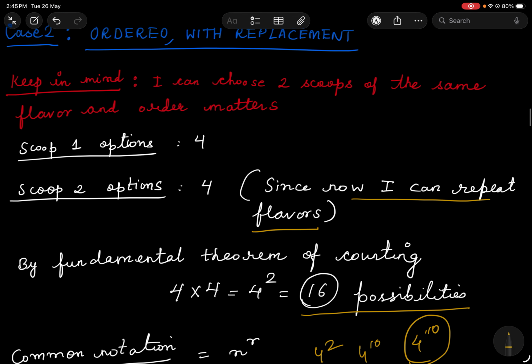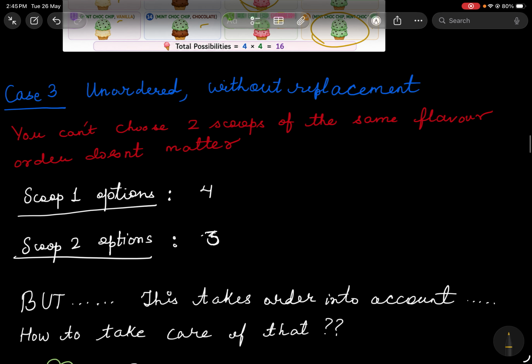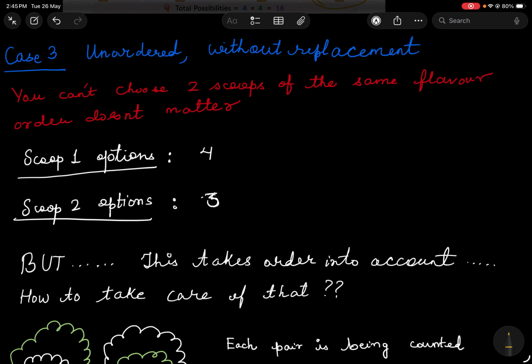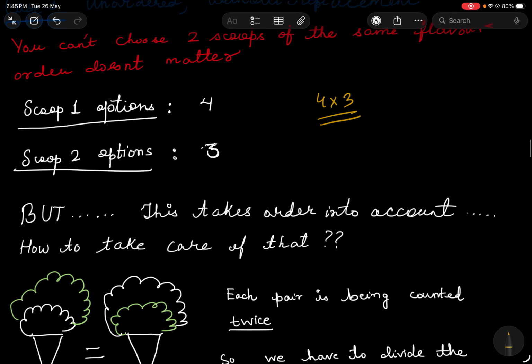And now I'm saying, now tell me what are the possible options that I have. If I count the total number of cases, what will that be? So again, now my scoop 1 option is 4, my scoop 2 option is 3, okay? But this, if I just do a normal 4 into 3, this is taking order into account, all right?